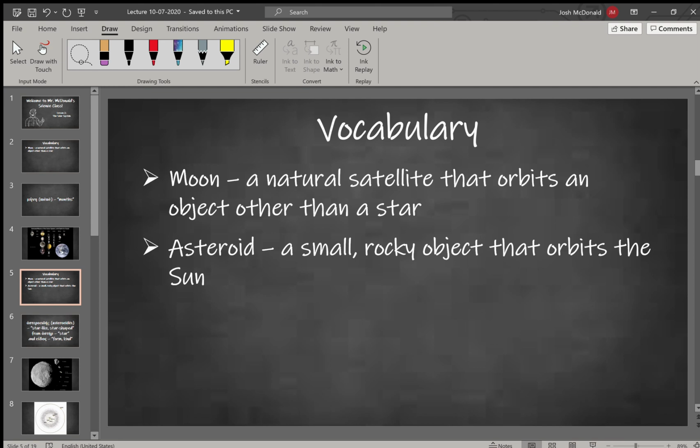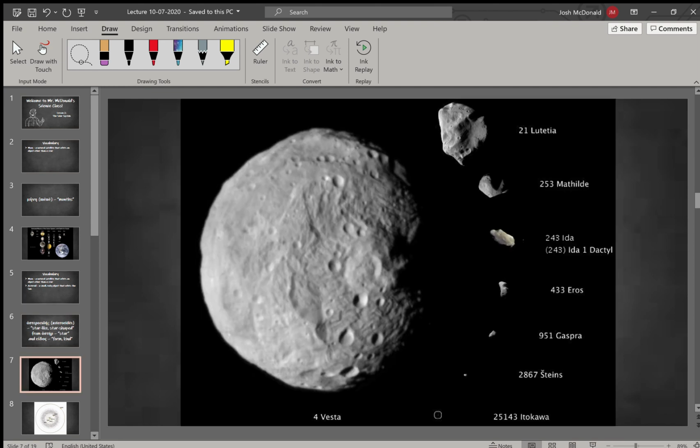Now, the sizes of asteroids are all over the place. The shapes are all over the place. Some of them can actually be closer to round, but not quite. So once they get kind of that round shape, they have significant mass. If you remember, we talked about hydrostatic equilibrium.